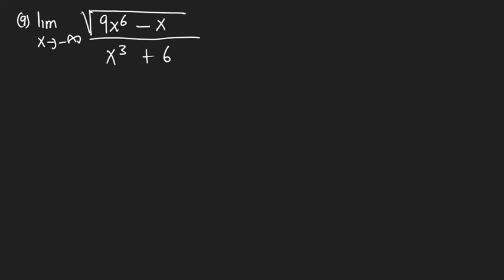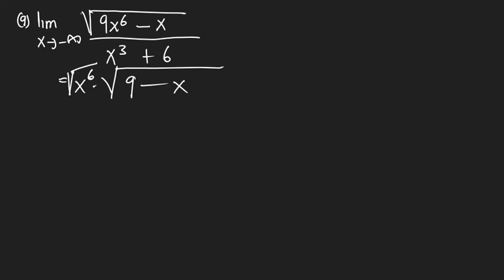The first thing we are going to do is factorize, because this is multiplication. We factorize x to the power 6, which is going to be like the square root of x to the power 6, multiplied by 9 minus x, right? 9 minus x.